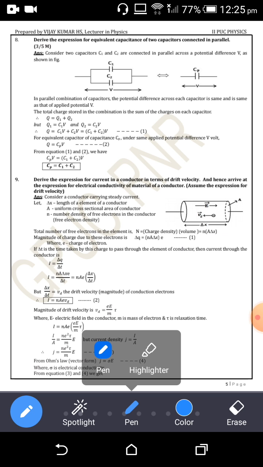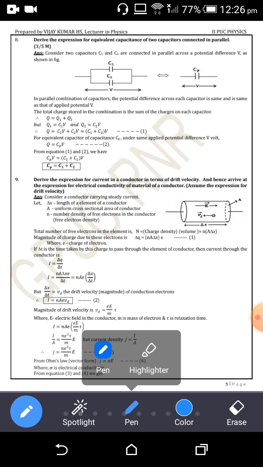Assume that the electrons take a time of delta t to pass from one end of the conductor to the other end of the conductor. Okay, if that is the case, as you know, how do we define electric current? Electric current is nothing but charge per unit time, right?